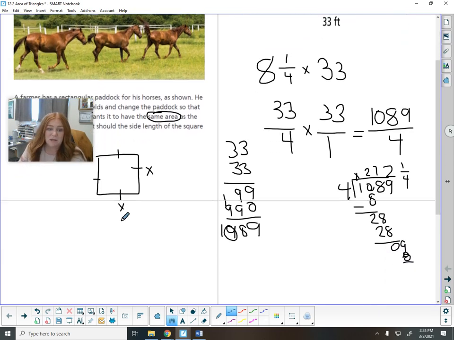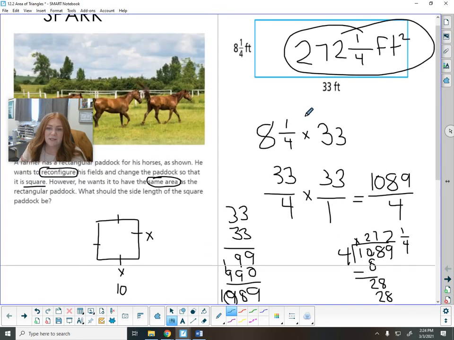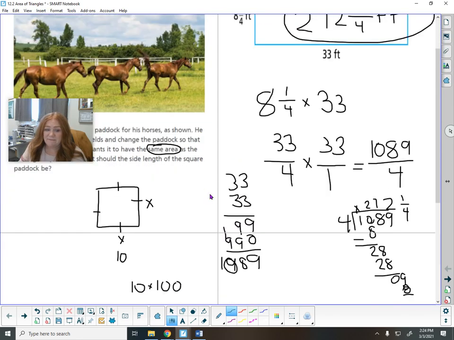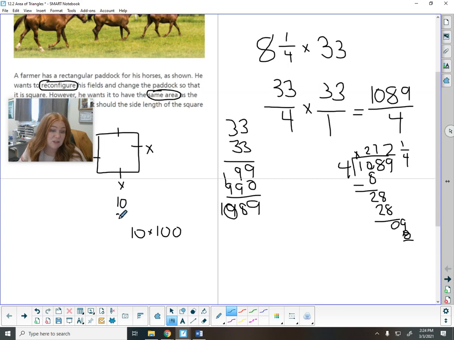If each side was 10, then 10 times 10 is only 100, so that's not big enough. Let's try doubling that. If every side is 20, 20 times 20 is 400, and we're looking for 272.